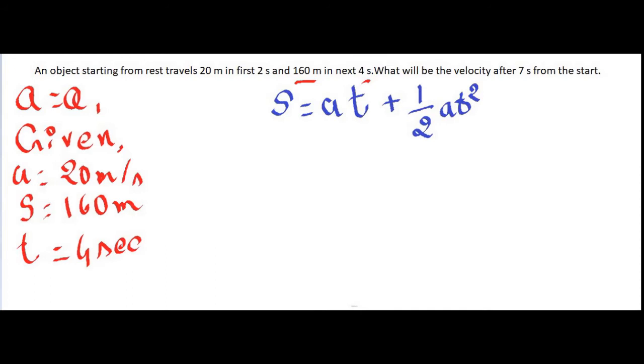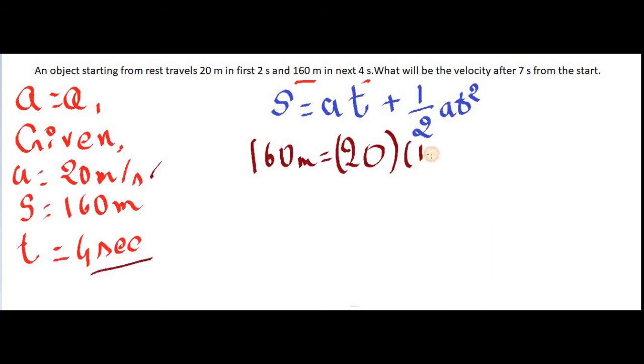s we already know is 160 meters, so let's write it as just 160. And then u, what is u that we have here? It's 20 meter per second, so 20 meter per second, I'm keeping it in brackets. And we also have the time, which is 4 seconds.